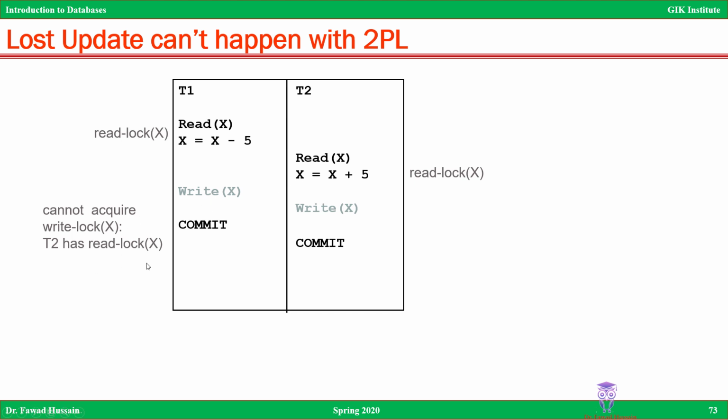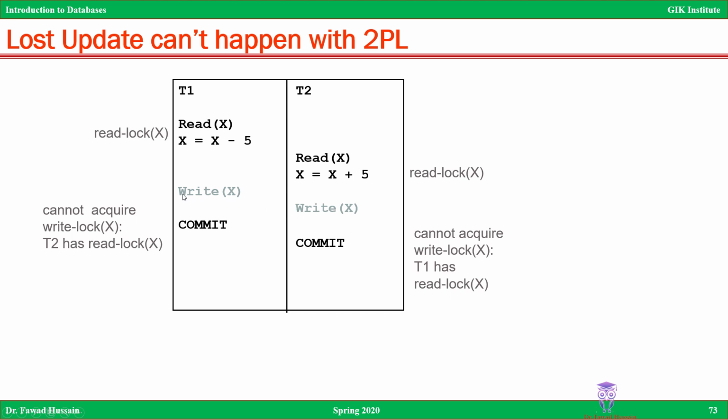So this is not going to be possible, and when you want to finish the second transaction, this is also not going to be possible because T1 already has a read lock and it has not unlocked X. So it's going to prevent this writing from happening, so you don't have to deal with a lost update, because otherwise this write X would have been lost with the new value.